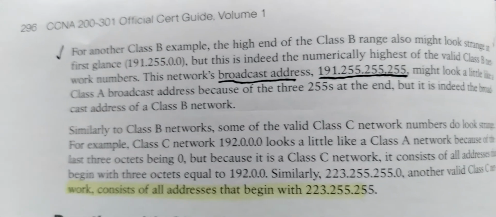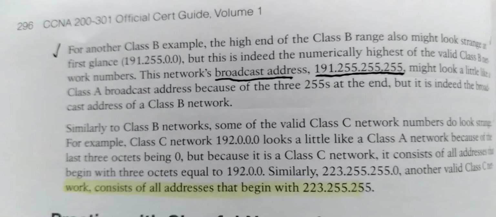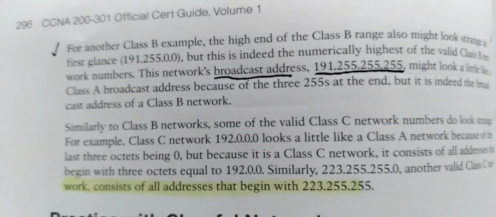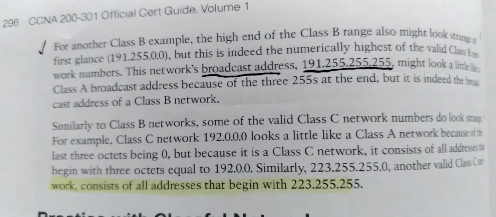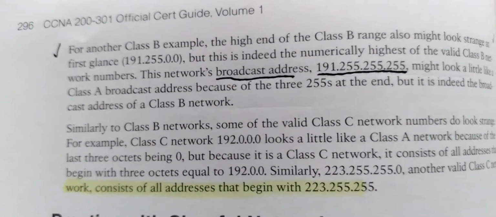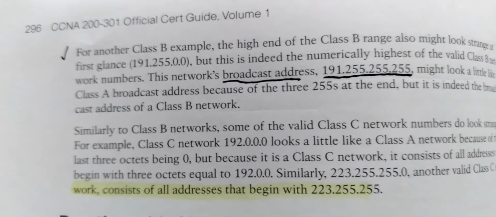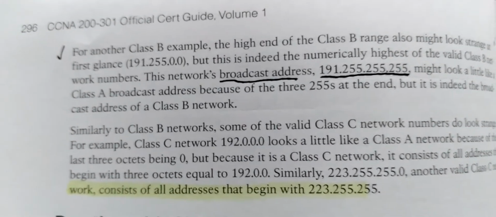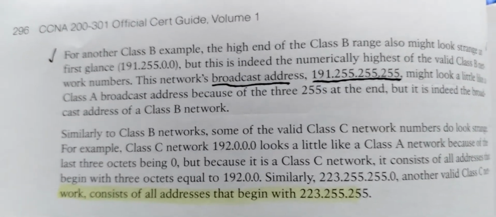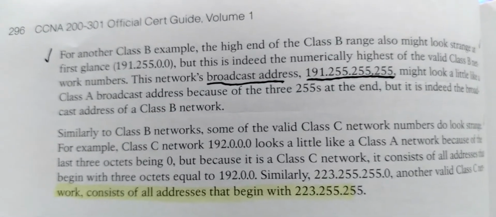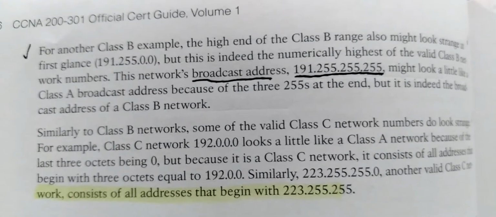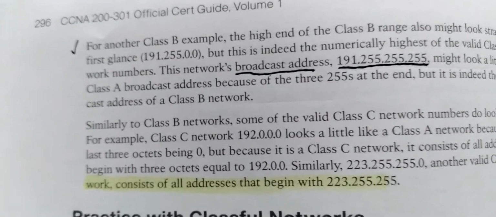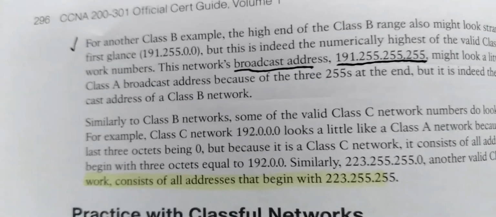This network's broadcast address, 191.255.255.255, might look a little bit like a Class A broadcast address because of the three 255s at the end, but it is indeed the broadcast address of a Class B network.